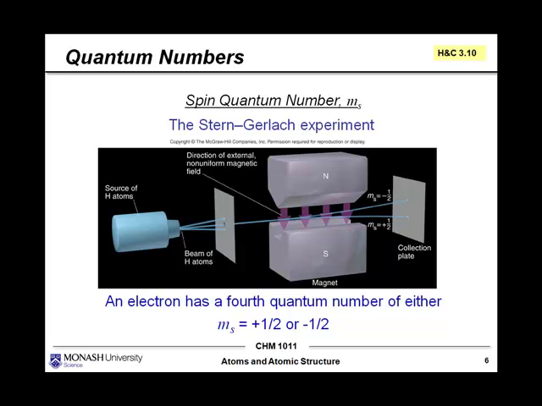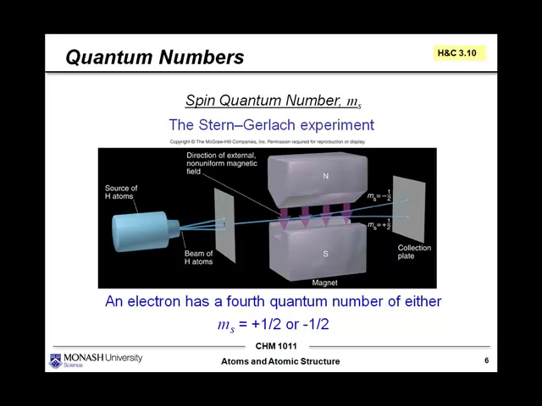Hydrogen atoms have 1 electron in them. As you can see from the figure, what was observed was that as the beam of hydrogen atoms passed through the magnetic field, they actually split into 2 separate beams. One split upwards, one split downwards.